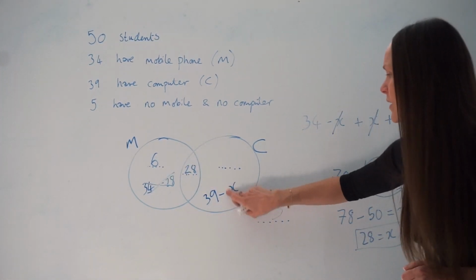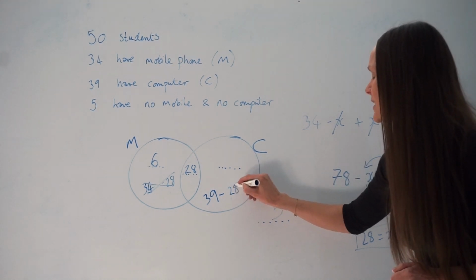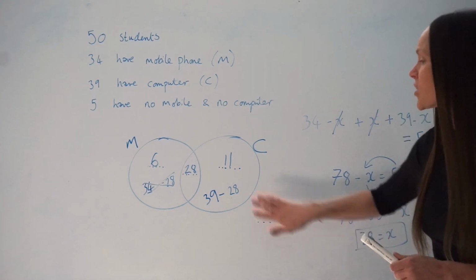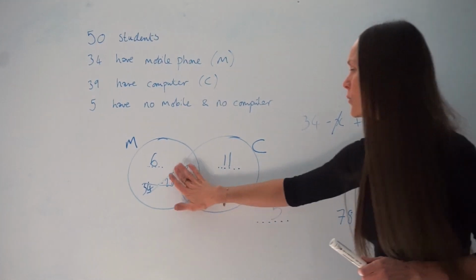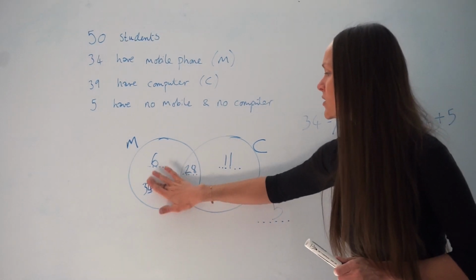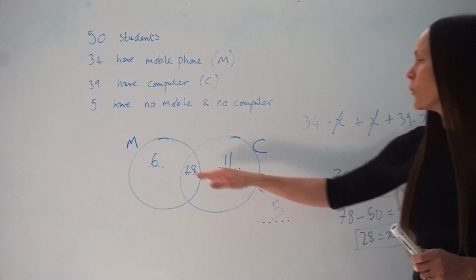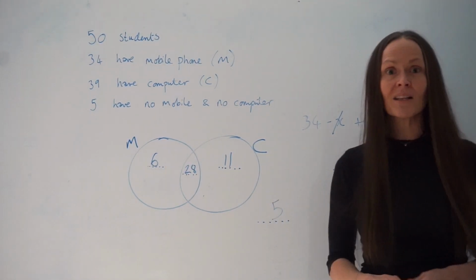And I'm going to do the same thing over here on the right. I'm going to subtract 28 from 39, which is 11. So 11 students own just a computer, but not a phone. Okay, so now we've completed the Venn diagram. I would just erase your calculation just so it's clear which numbers are your final numbers, and that's completing the Venn diagram.